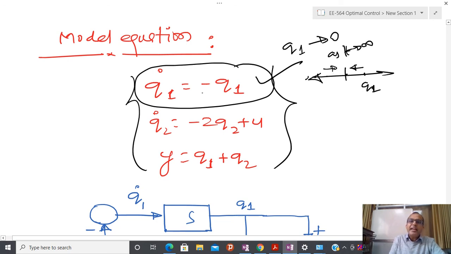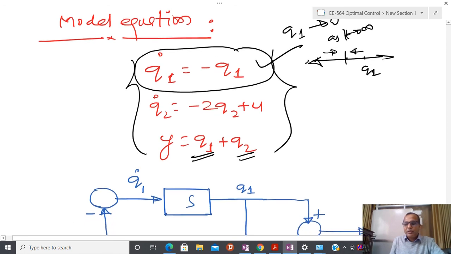So I am telling you that I have no control on q1, but I obviously have control on q2, and due to that reason our system becomes uncontrollable. But in the output both states appear, and due to that reason the system is observable.